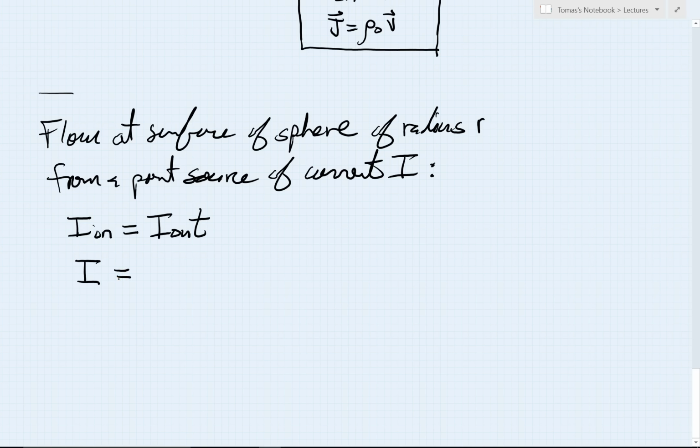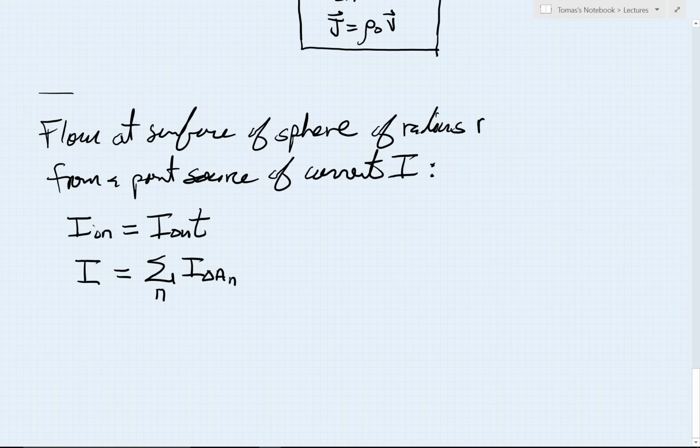And the flow out is going to be the sum over all of my patches n, if I divide my whole surface into a series of patches, and around each patch there's a certain amount of current flowing out of it.